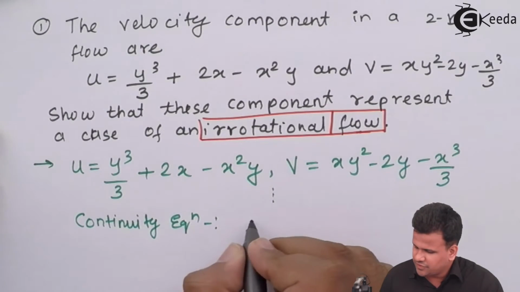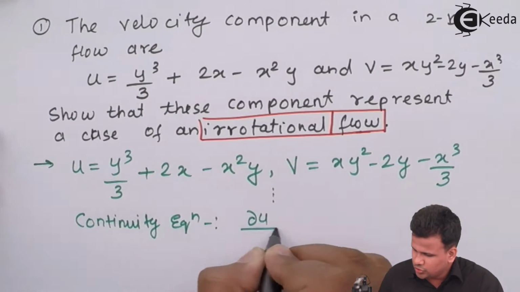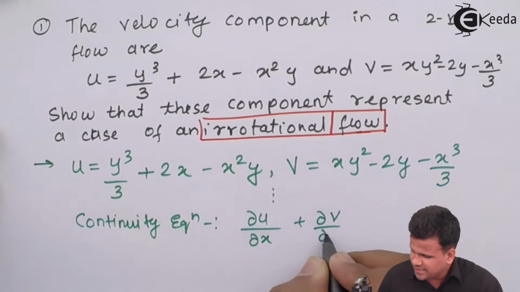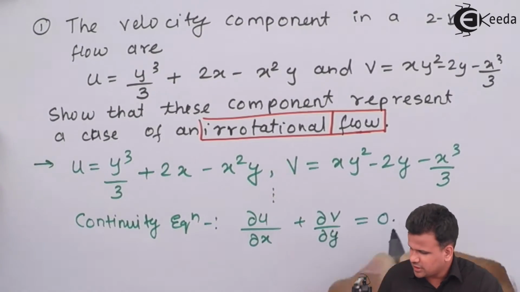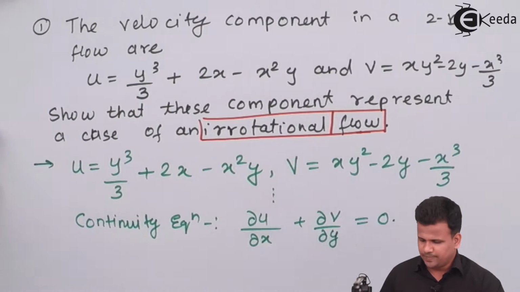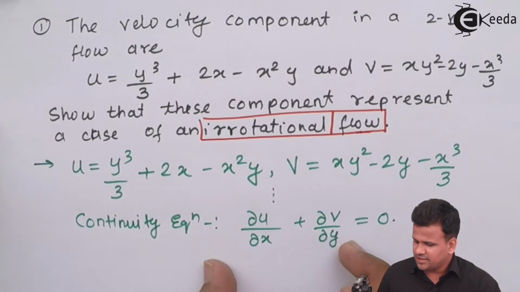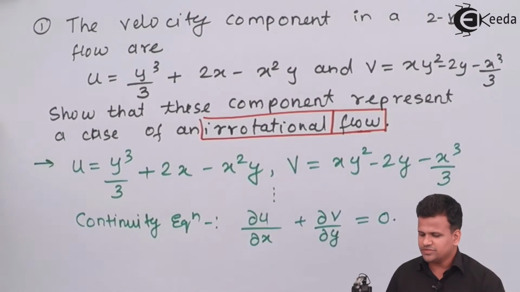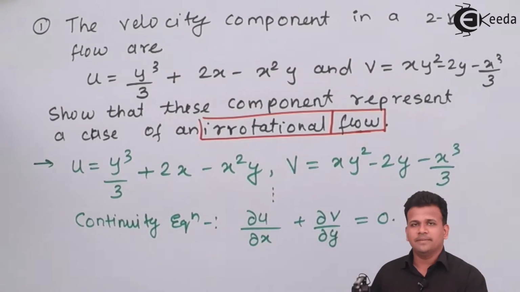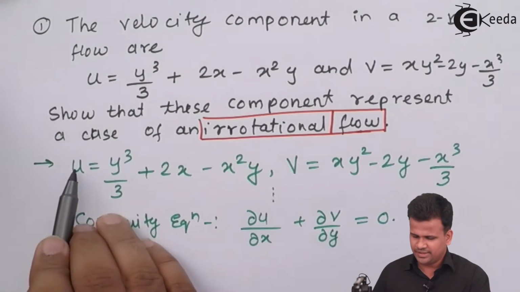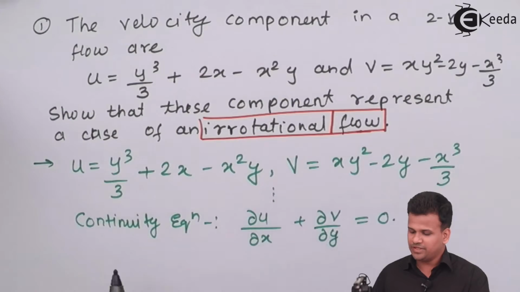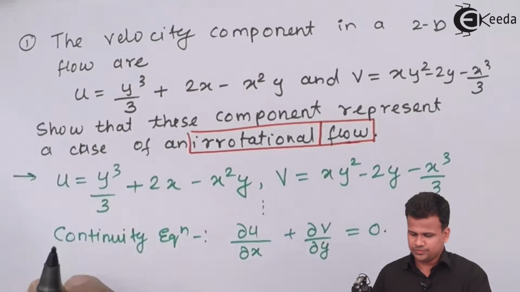Your continuity equation says that dou u by dou x plus dou v by dou y equals 0. Let us prove that if it equals 0, then this entire fluid flows from one part to another part. So let us differentiate u with respect to x and v with respect to y.